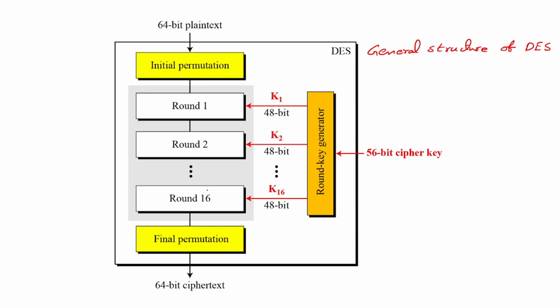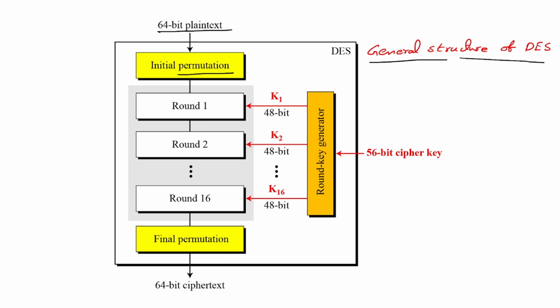So this is the general basic structure of DES. Here we need to give 64-bit plain text. The total plain text will be divided into blocks. Each block size is 64 bits, and the first function is the initial permutation. Initial permutation means transposition, so we rearrange the positions of characters in the 64-bit plain text.